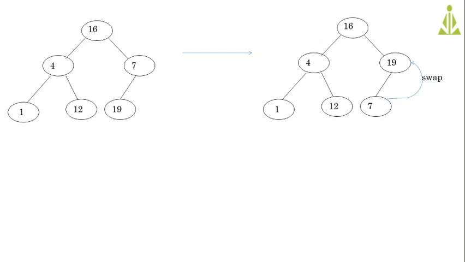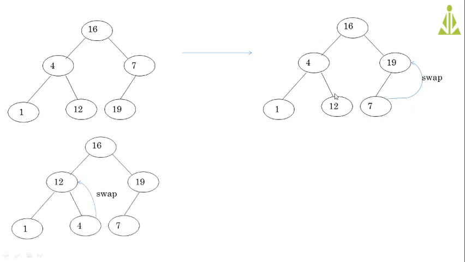Why? Because a leaf node should not be greater than its root node. 19 is greater than 7, so 7 is the parent of 19 and 19 is the child node of 7. So we swap in the first step.